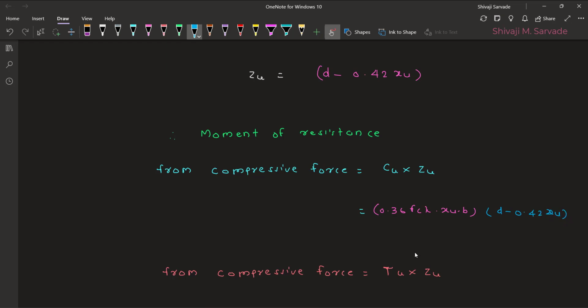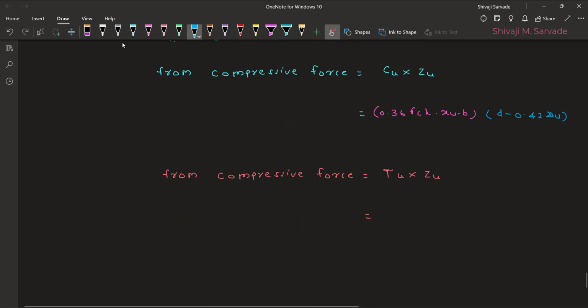Similarly, if I am interested in getting it from the tensile force, I'll have to get Tu into Zu. Tu is the tensile force, stress into area. Stress is 0.87 Fy and area is AST. That gives me Tu, and the lever arm Zu is again d minus 0.42 XU.